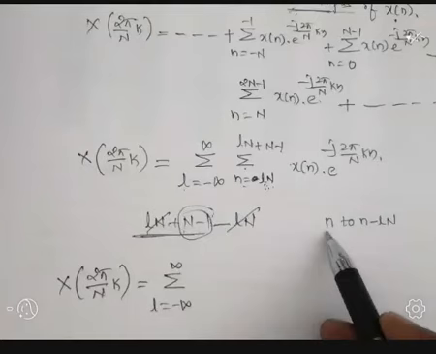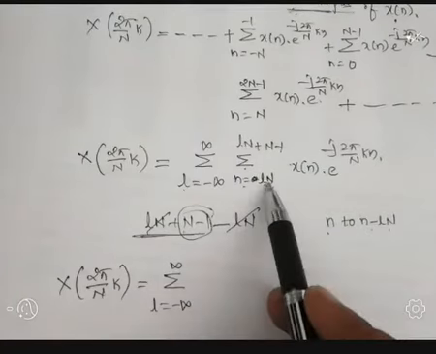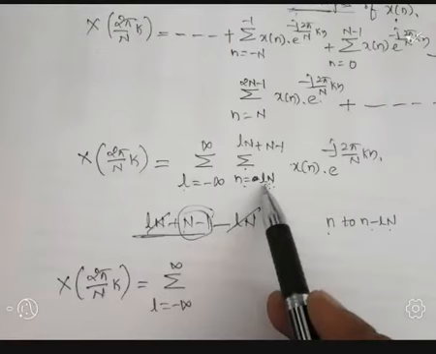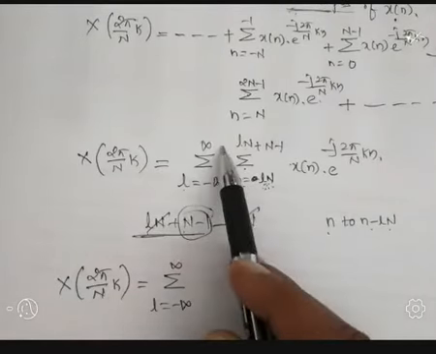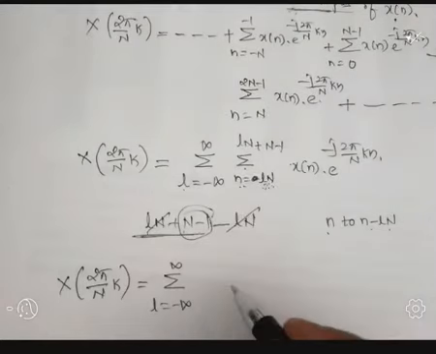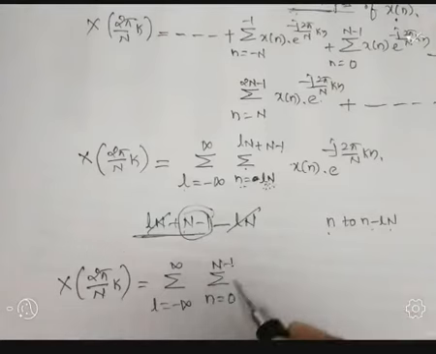Wherever n is there, write it as n minus lN. Otherwise, if you take lN towards the LHS side, n minus lN equal to 0 to N minus 1. So it becomes n equal to 0 to N minus 1.